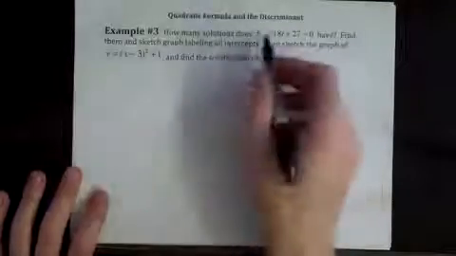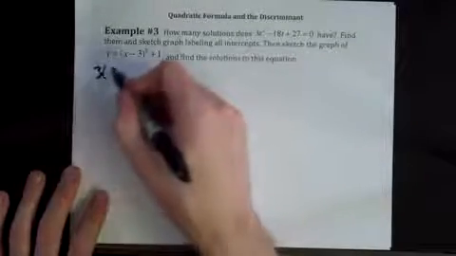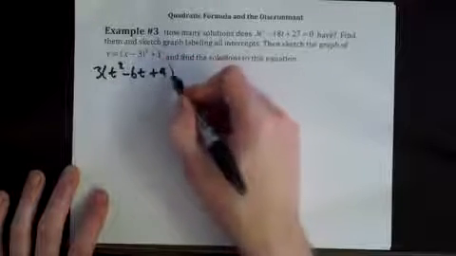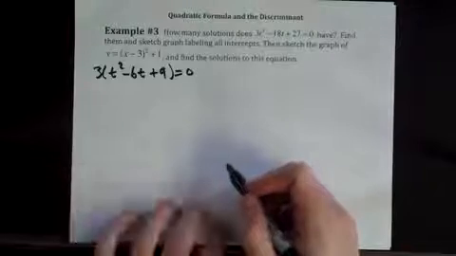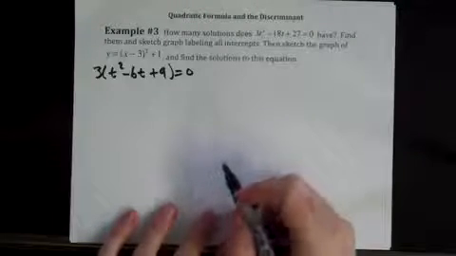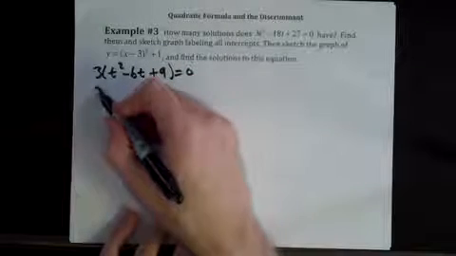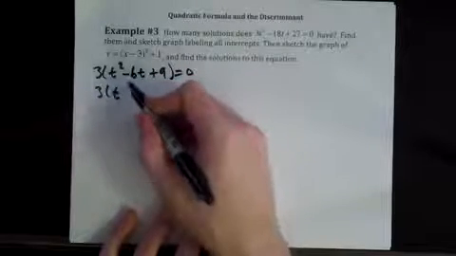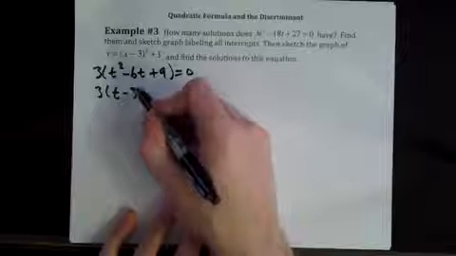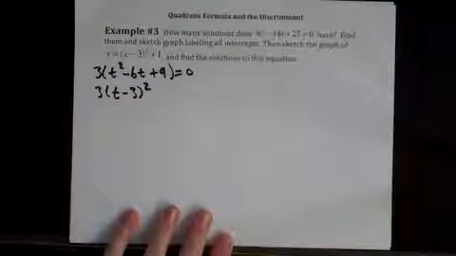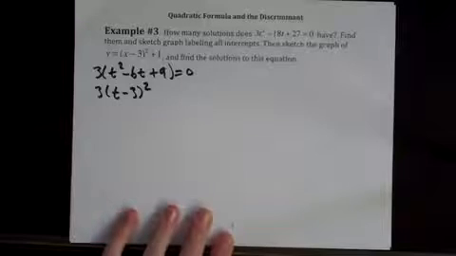First thing I'm going to notice here is I can factor out a 3. That would be important to recognize. Otherwise, your math is going to get really hard. So this factors very nicely. So 3 times t minus 3 squared.